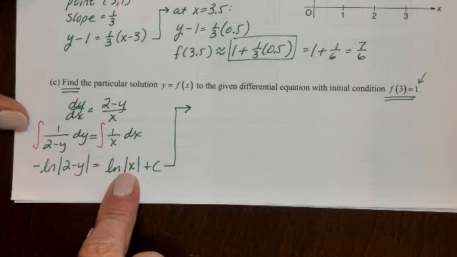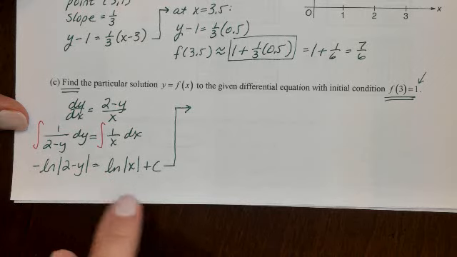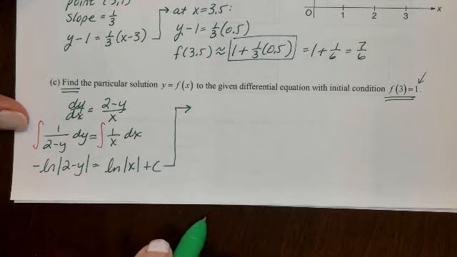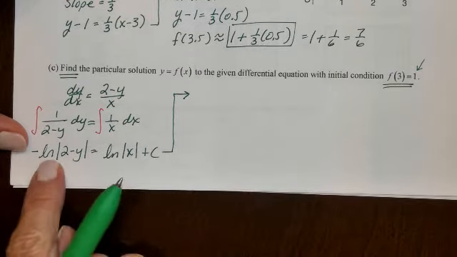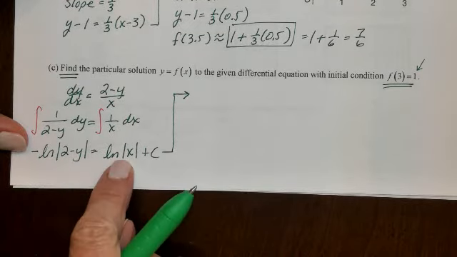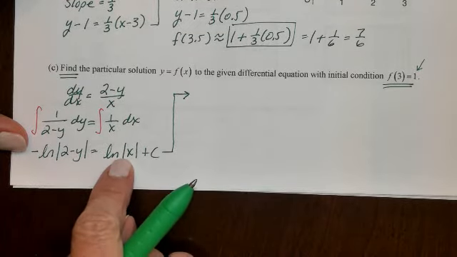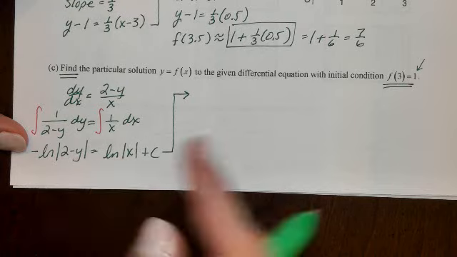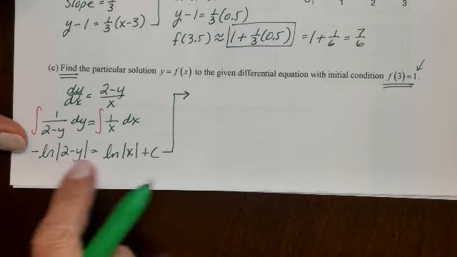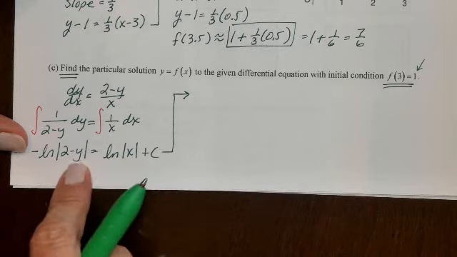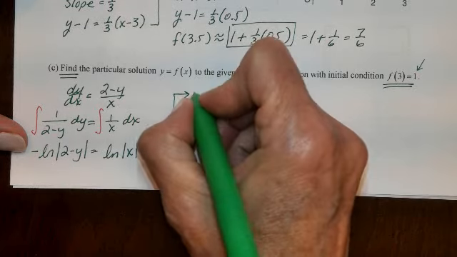Well, should we or should we not? I'm going to do a little work first, because I don't want to get that ln 3 in there. You can do it either way. You'll be fine either way. I think I will go ahead and plug it in, you guys.